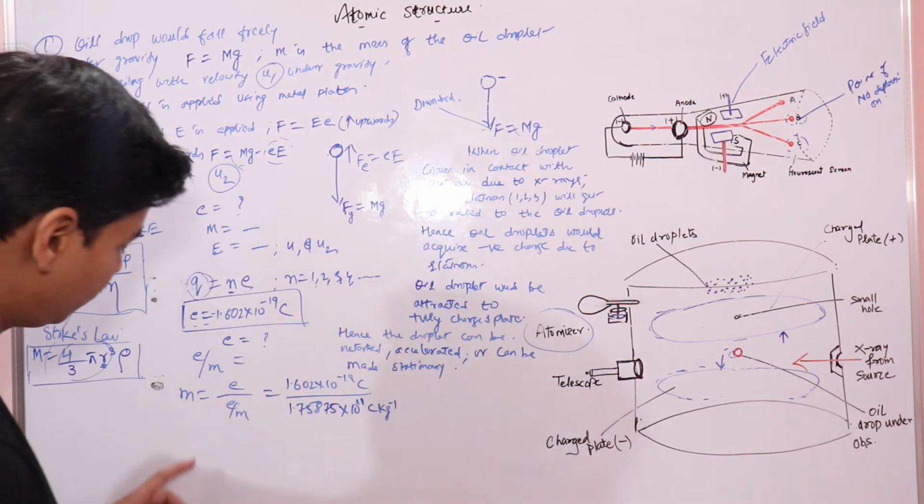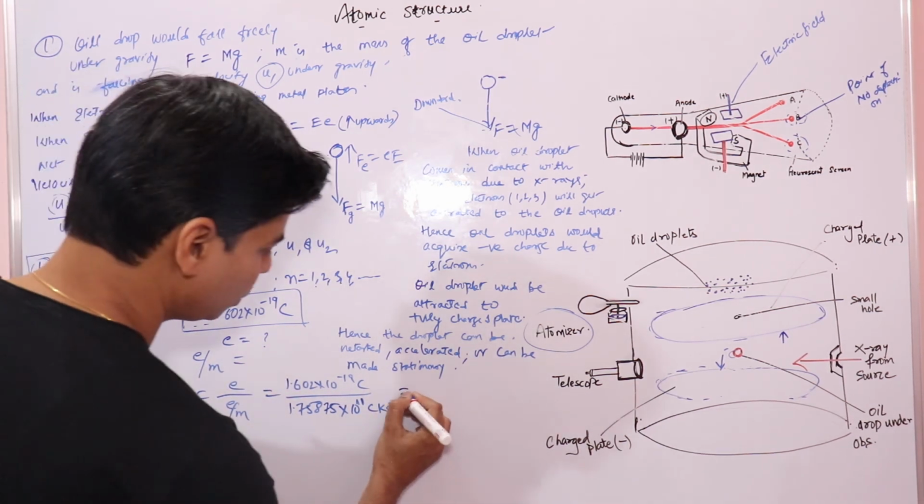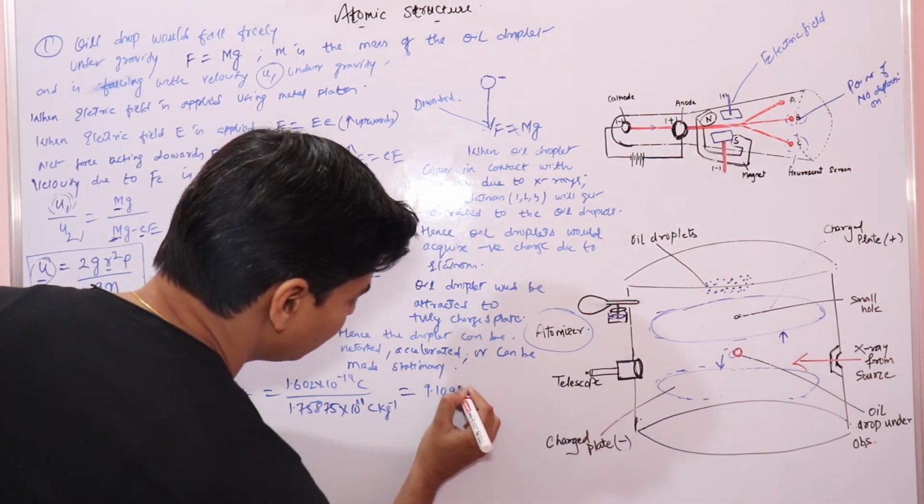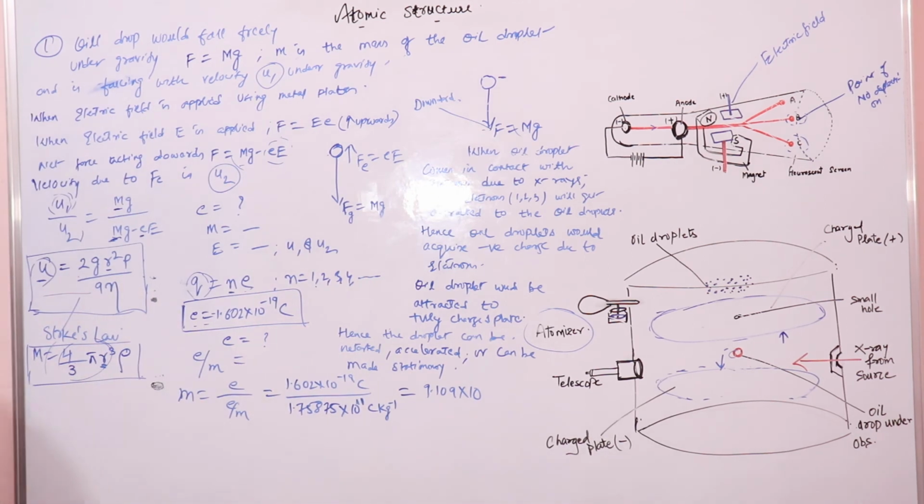So if you calculate using this, the mass of electron will come out to be 9.109 into 10 to the power of minus 31 kilogram.